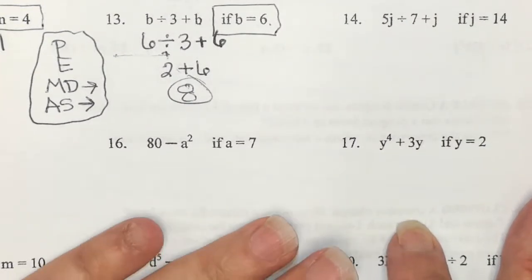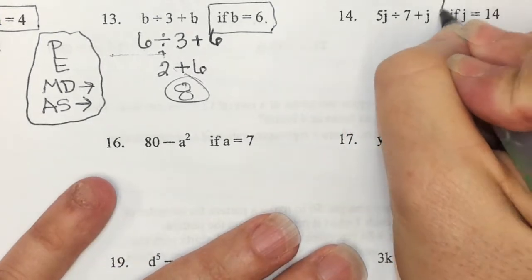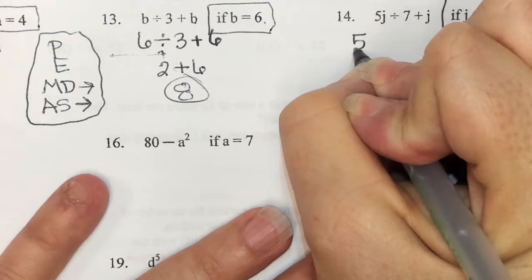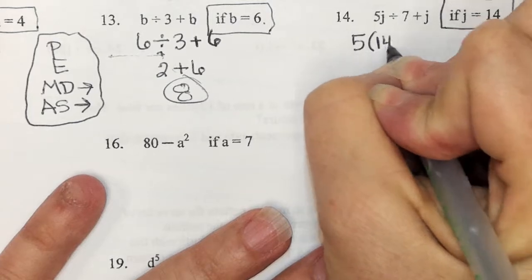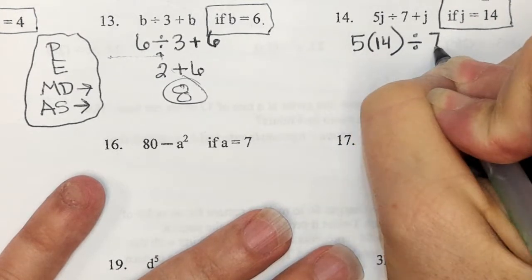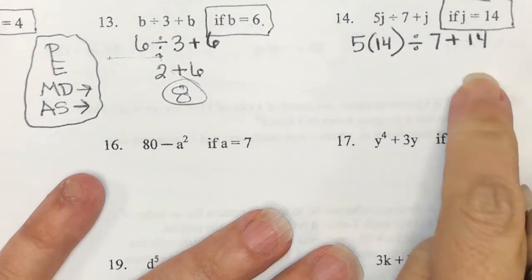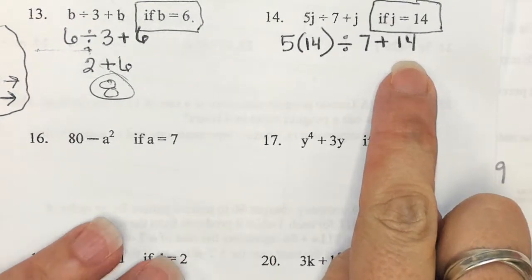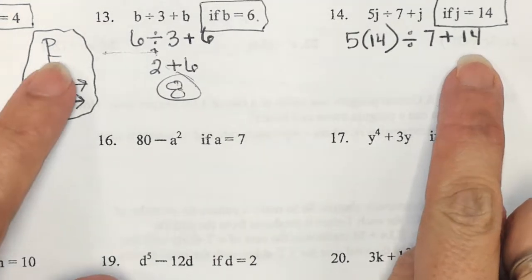14's got a few different operations. So, J is 14. So, I got 5 times 14 divided by 7 plus 14, because there's another J. Here we go.